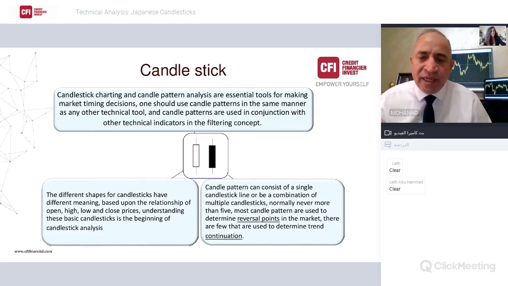Candlesticks also have different shapes and colors based on the relation of the open, close, high, and low prices. Understanding the shape and the color of the candlestick will help us a lot to improve our trading by using the MetaTrader platform.